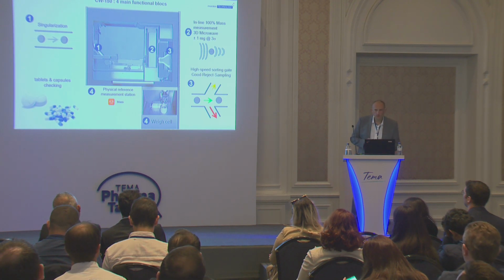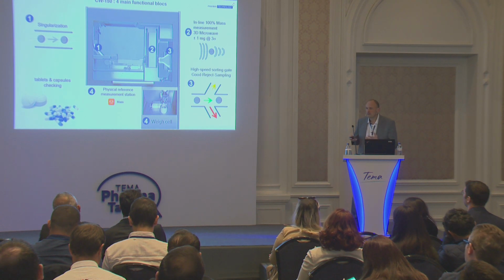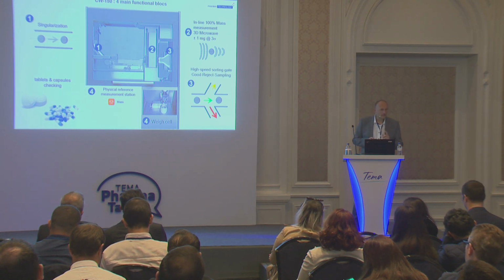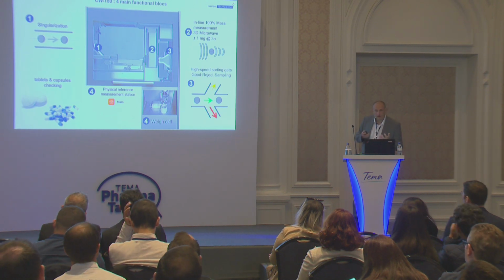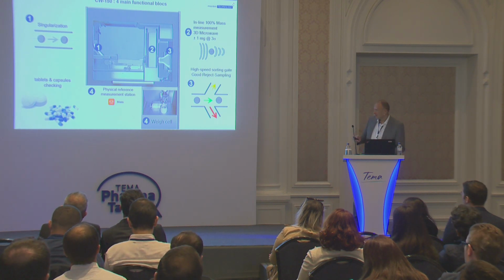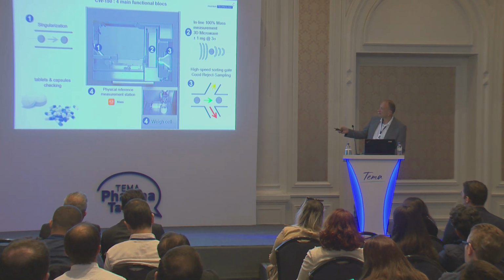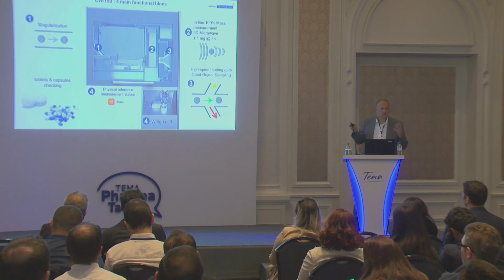With that, we can ensure that any changes in humidity or temperature don't affect the microwave measurement. You know that, for example, moisture can affect microwaves. So this is what we are doing. We measure the product here. For example, the prediction is 100.5 milligram.